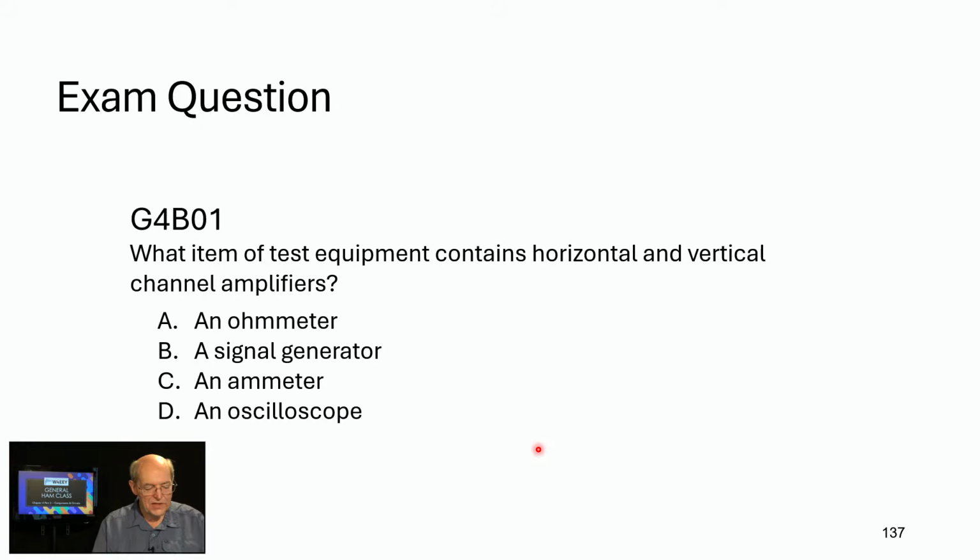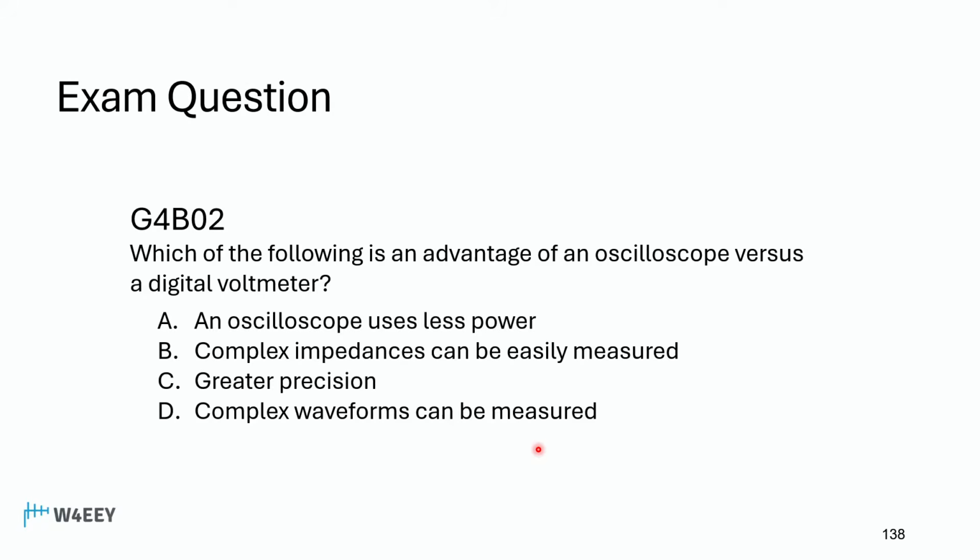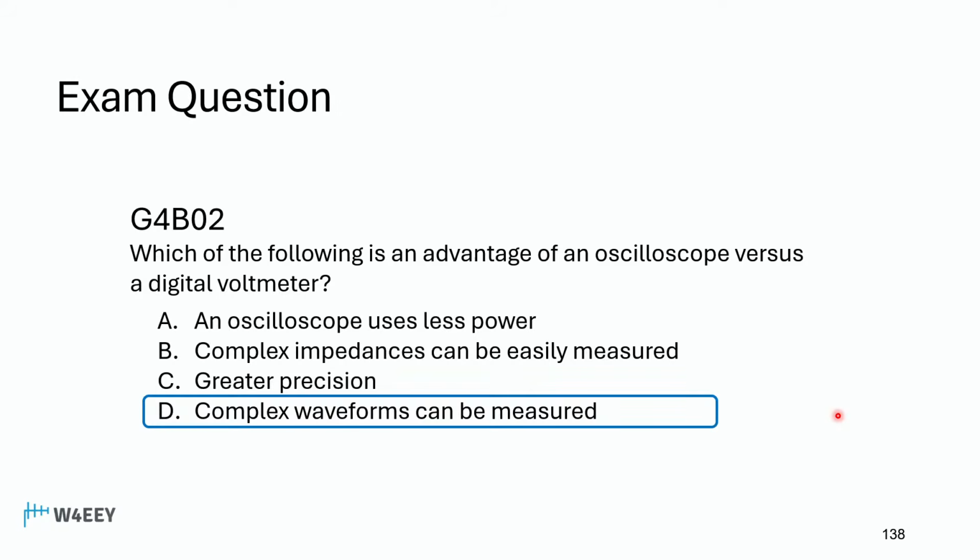Okay, what item of test equipment contains horizontal and vertical channel amplifiers? Delta, an oscilloscope. Which of the following is an advantage of an oscilloscope versus a digital voltmeter? Delta, complex waveforms such as speech waveforms can be measured.